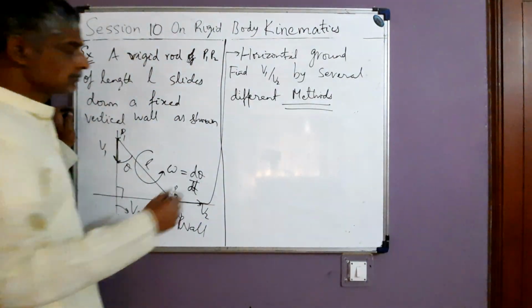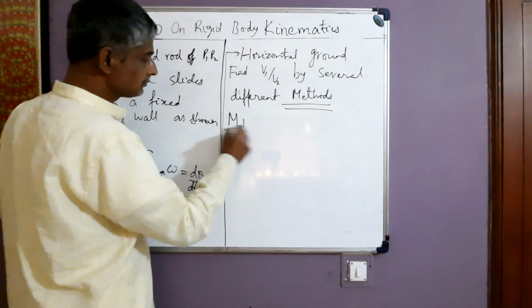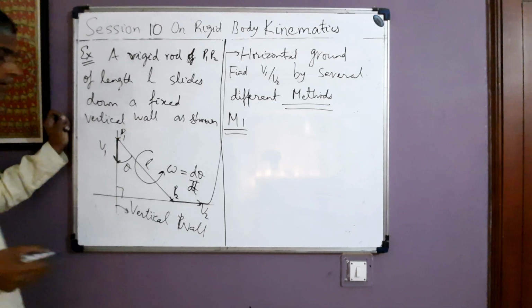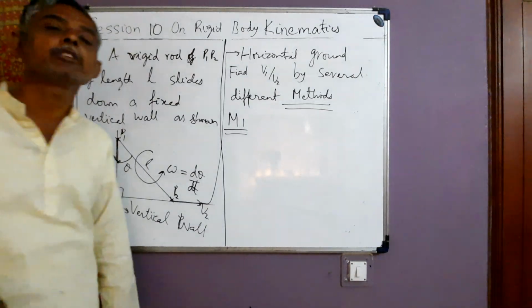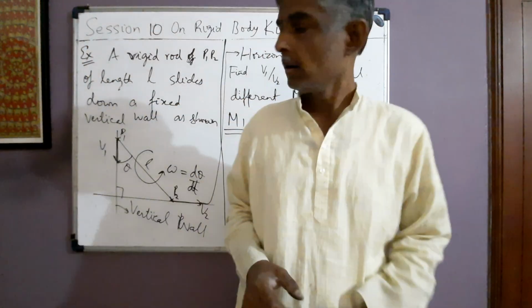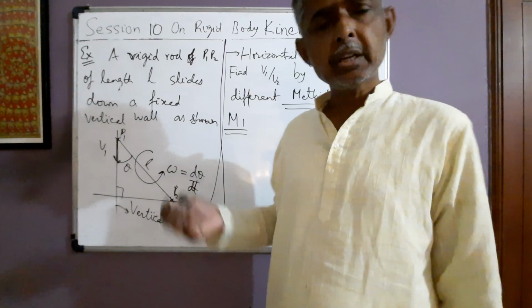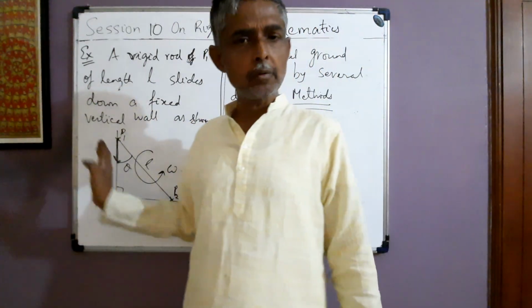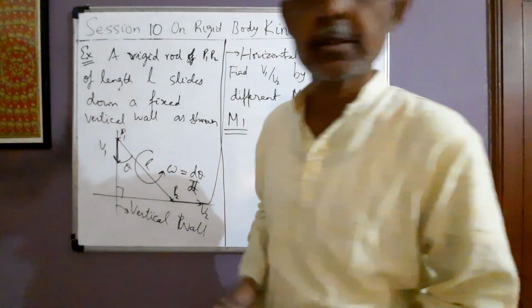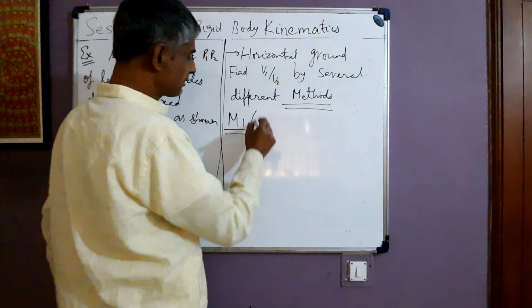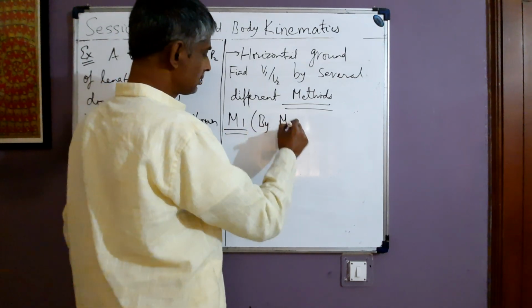So method 1, M1, is by the method of coordinates. In the method of coordinates, even if you don't know any concept about the SRC procedure, you can solve it.